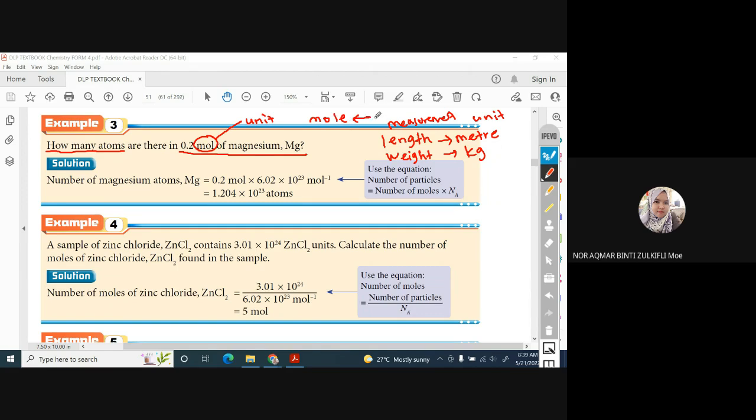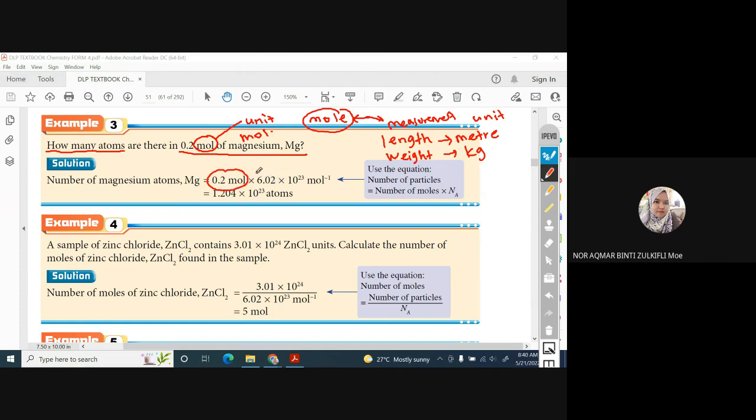Mole is the measurement, M-O-L-E. What is the unit for mole? The unit is M-O-L. Don't get confused: when you meet mol, it's M-O-L, and mole is M-O-L-E. So we use the unit mol here. 0.2 mol, and then you need to know how many atoms, right?